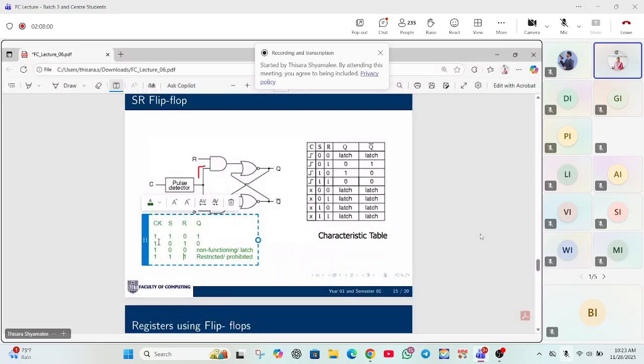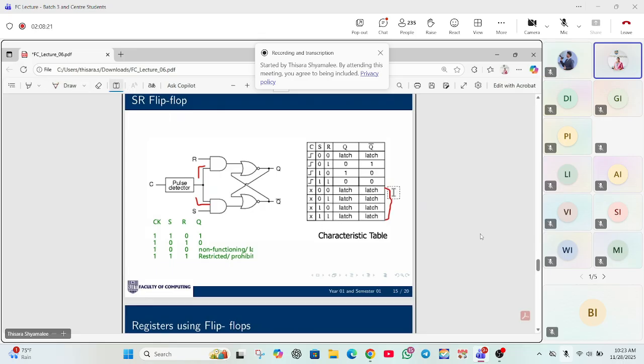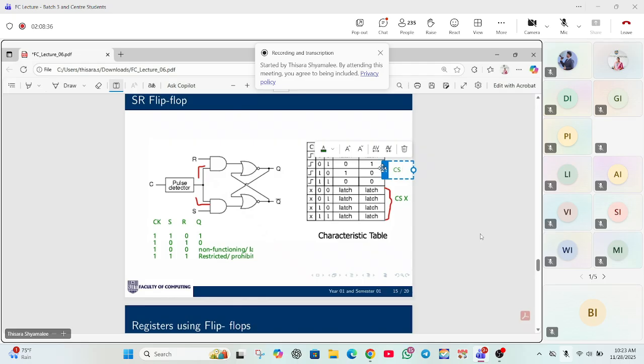When the clock signal is not provided, all states become latch. Looking at this table, these four belong to the clock signal not provided, and the first four belong to the clock signal provided.